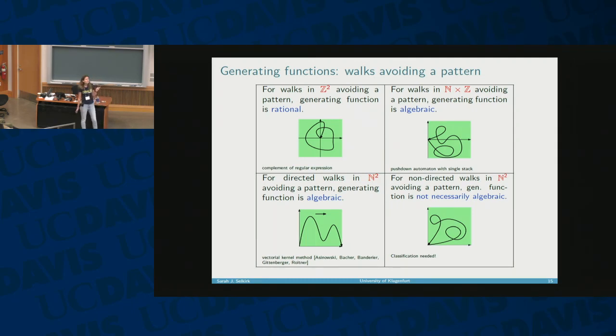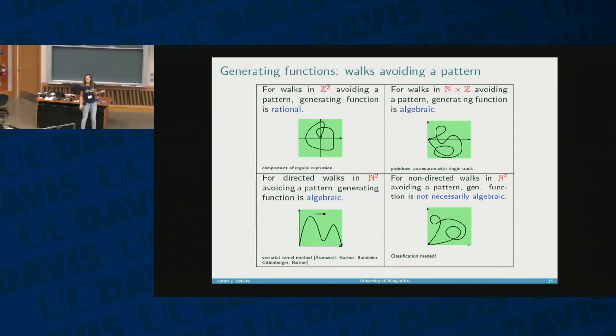Even for avoiding a pattern in directed lattice paths, where the first coordinate is always a positive integer, it's algebraic, which is reasonably surprising and a recent result, perhaps even presented at FPSAC. And then the question is, what's happening in the quarter plane? We already see with Kreweras walks, which are algebraic, that avoiding a pattern gives algebraic and d-finite. Okay, but does it get worse?